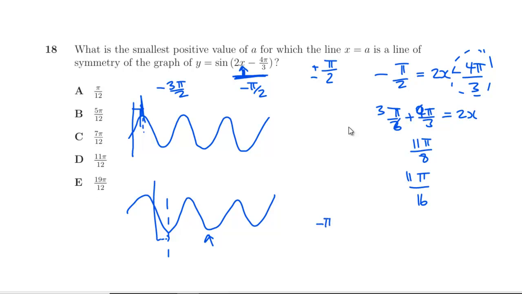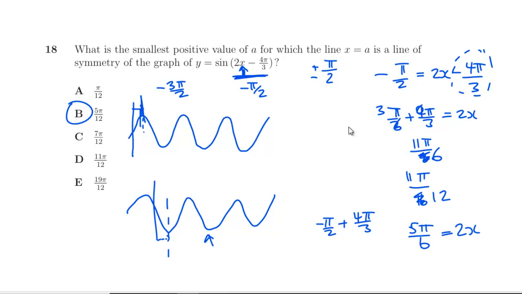So we do minus pi over 2 plus 4 pi over 3. So we've now got an 8 minus a 3. So how did I get 8 here? That should be 6, shouldn't it? And that would be 12. So that's 8 minus 3, so that's 5 pi over 6 is 2x, so 5 pi over 12 is the best we're going to manage.